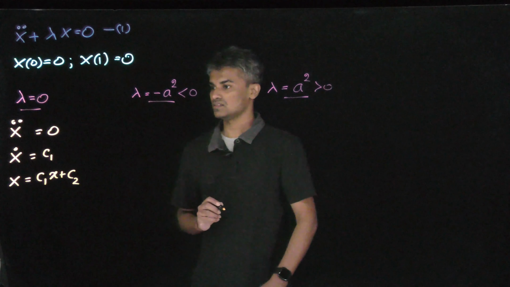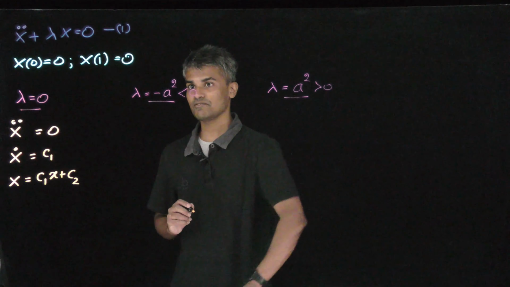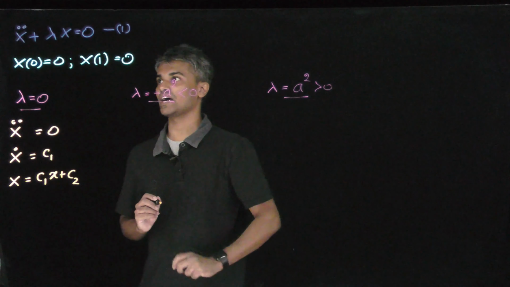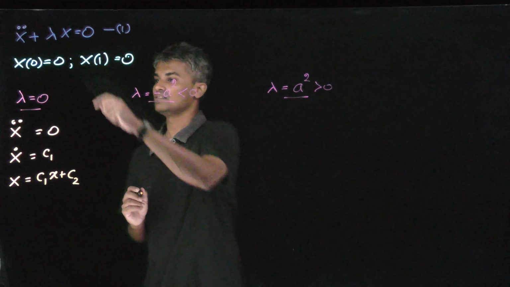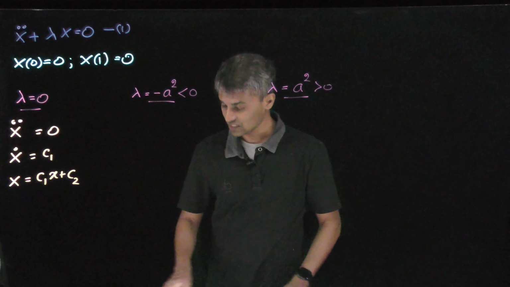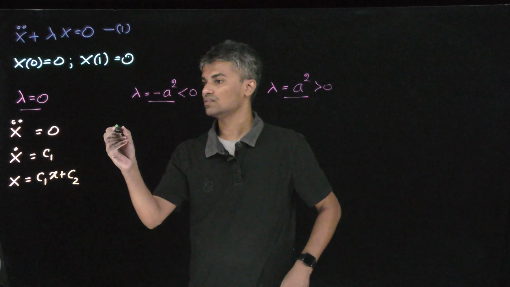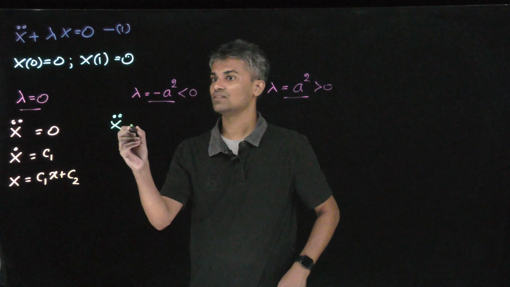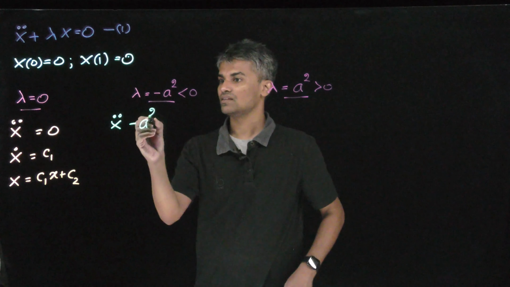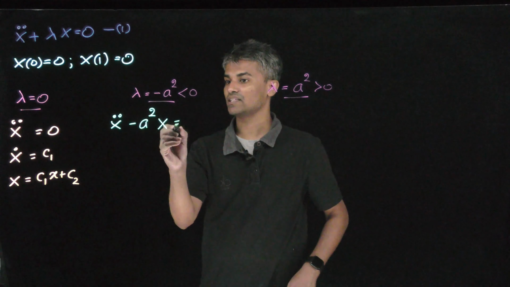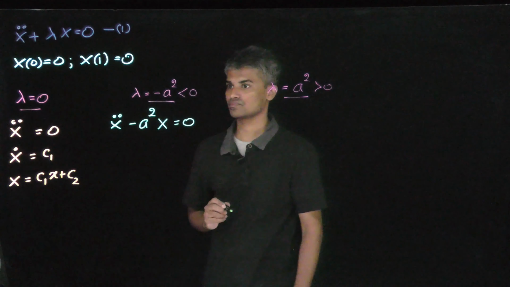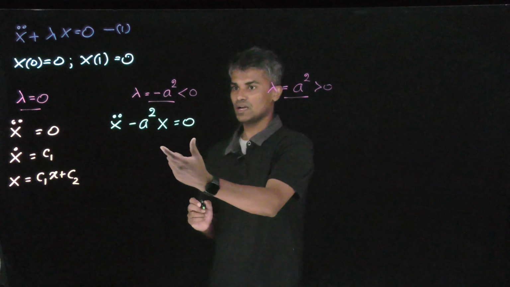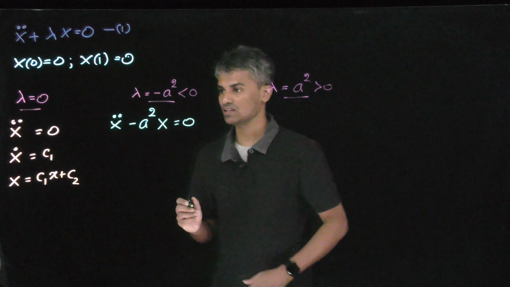Okay, now let's say when lambda equals negative a squared, then my differential equation is X double dot minus a squared big X equals 0. Now at this point we know the solution of this one.